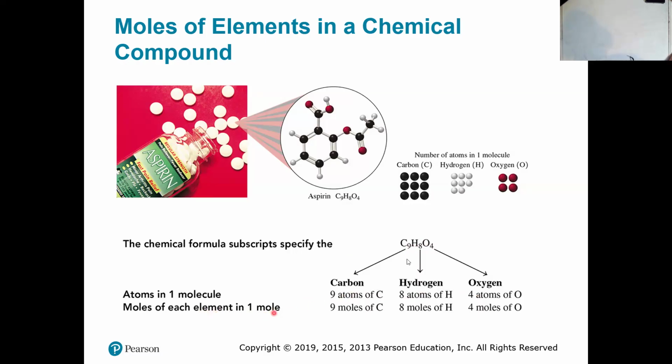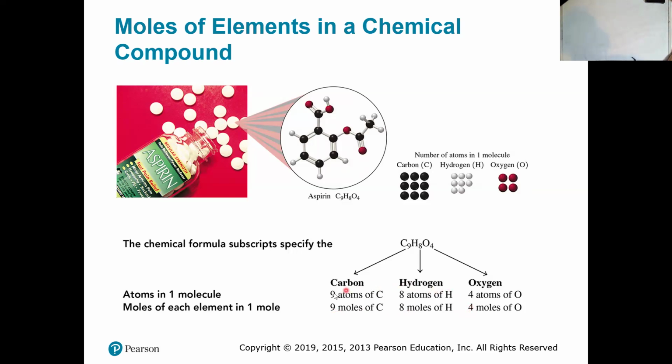If I have 1 mole of this element, that means that I'm going to have to multiply the mole value, my 1 mole of my element, by the number of each atom that I have present.